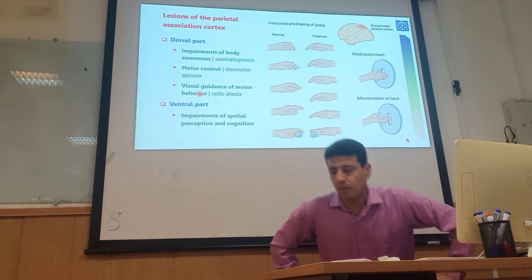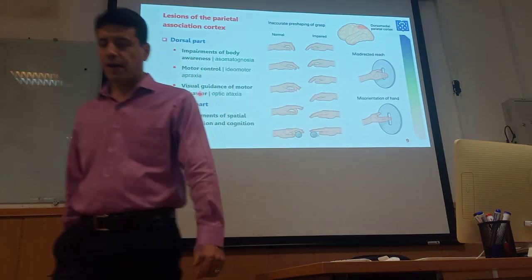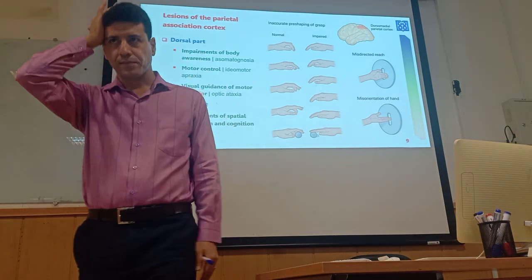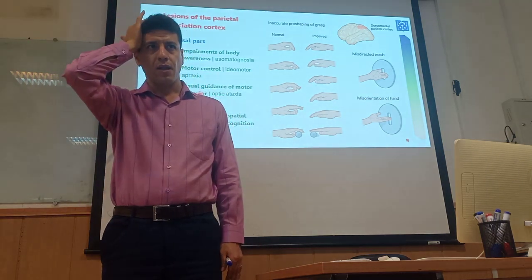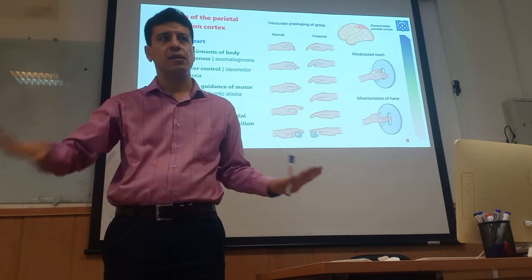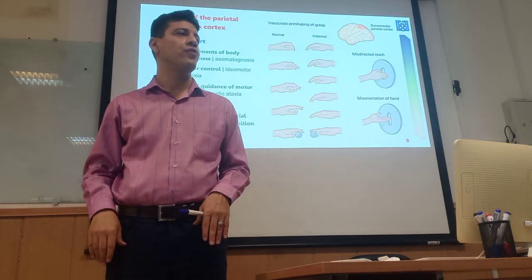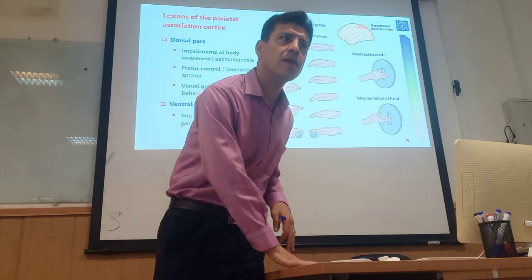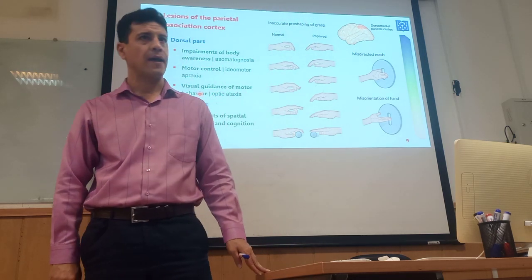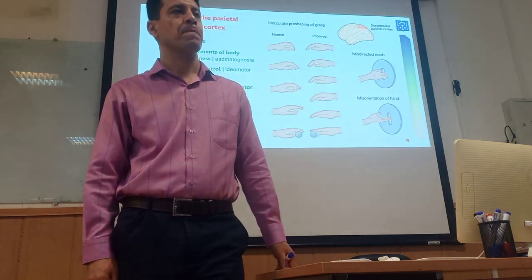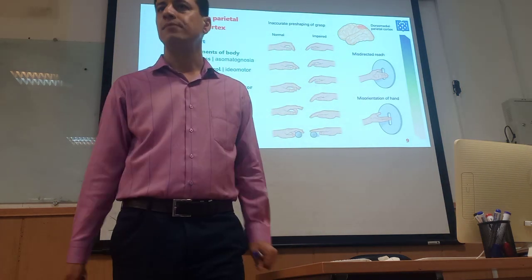Okay? So the patient has damage here in the parietal cortex, dorsal part. When you examine the patient, there is no paralysis in the muscle. There is no sensory loss. So the person can touch everything. But there is a problem with understanding the body.